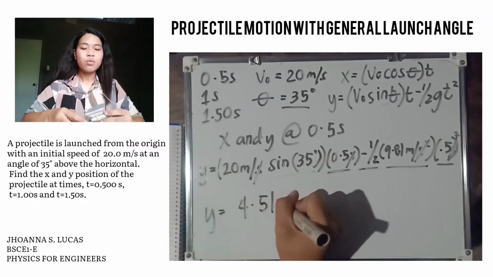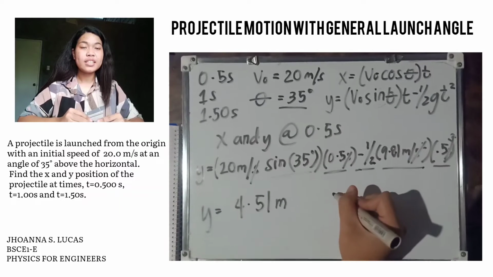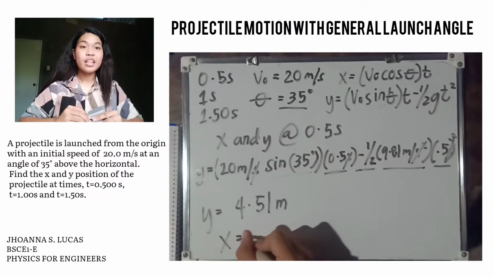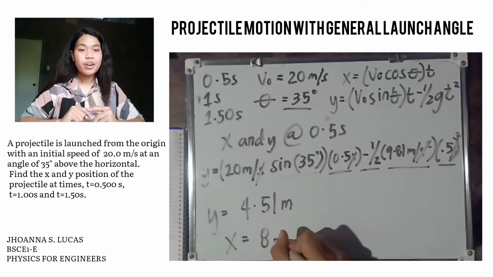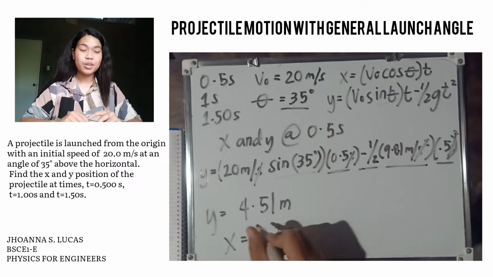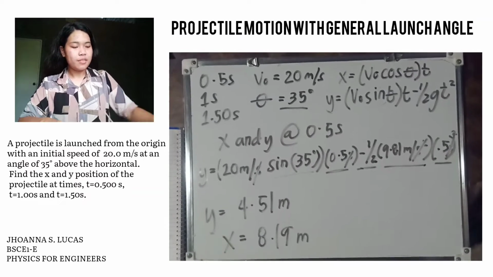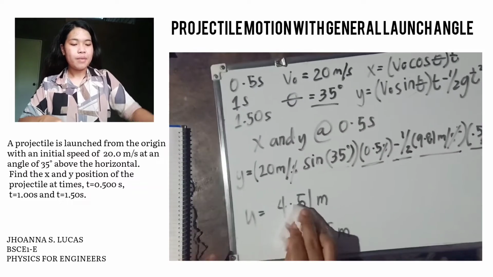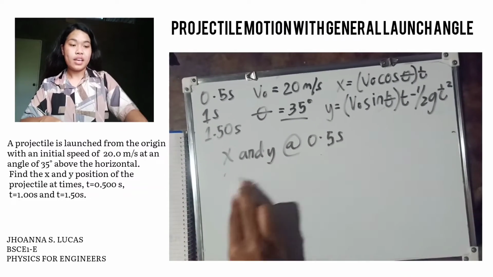So, our x and y at 0.5 seconds is, for x, 8.19 meters and for y, 4.51 meters. So, let's erase it and proceed to another time, which is 1 second.